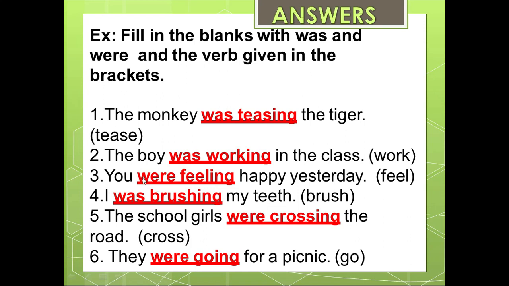You have to use were, and with feel you add ing. I was brushing my teeth. The school girls were crossing the road. Girls means the subject is plural, so we have used were here. They were going for a picnic.